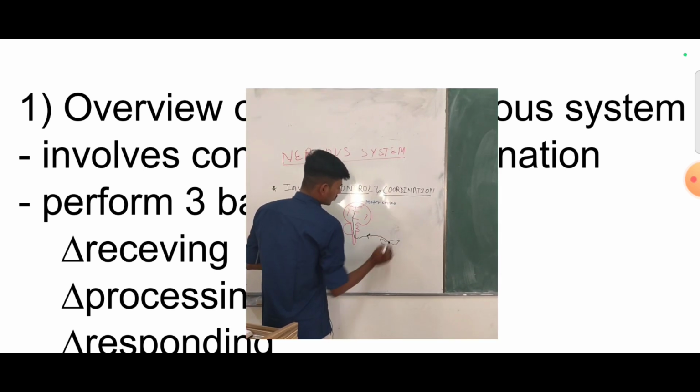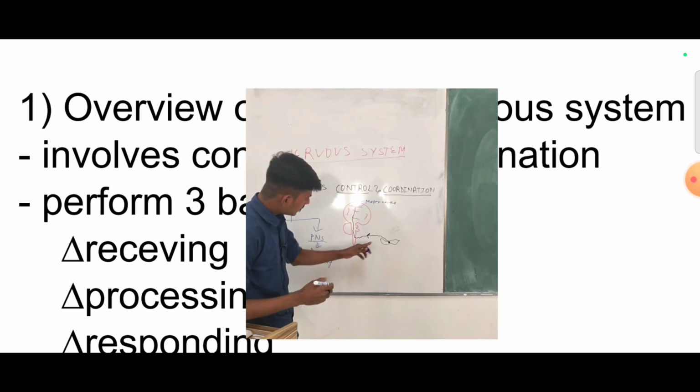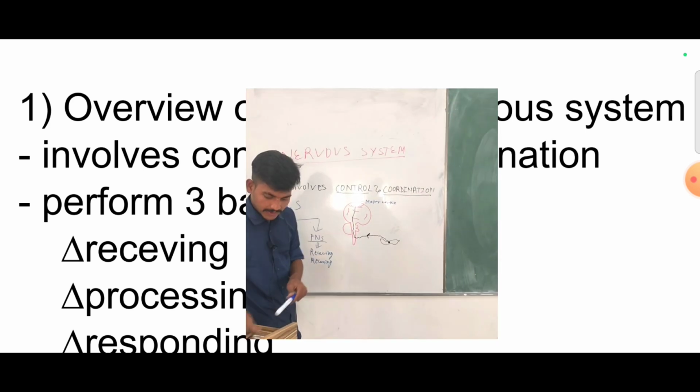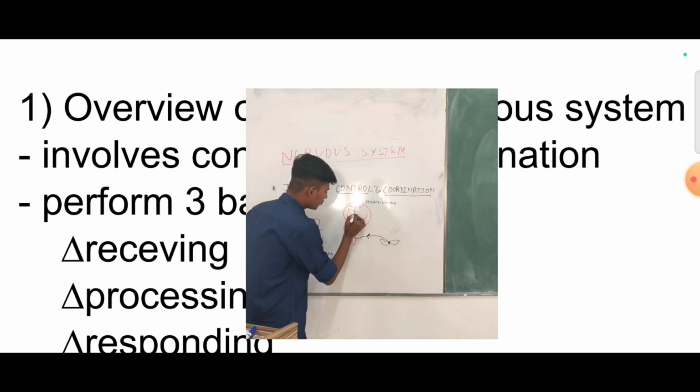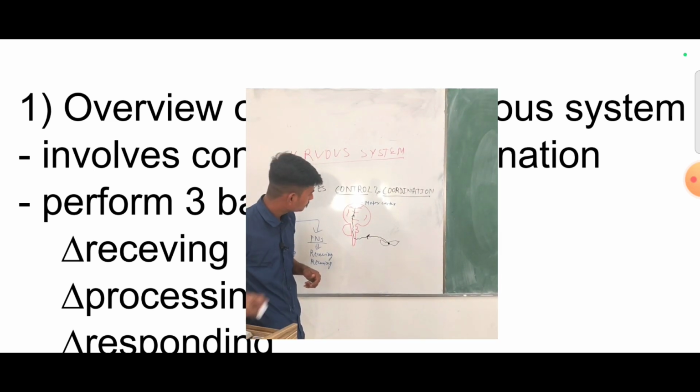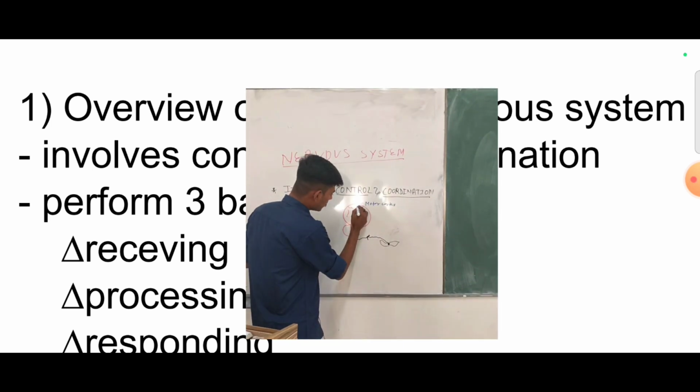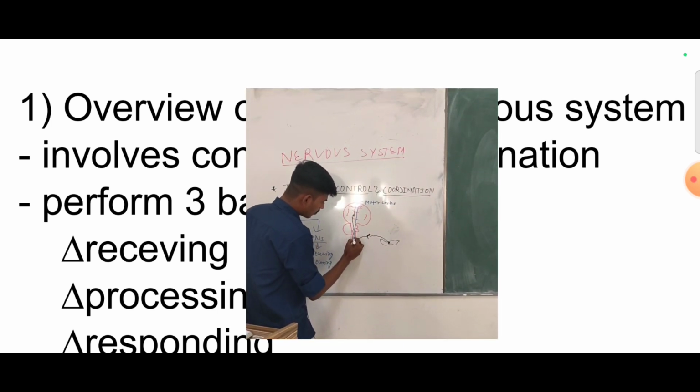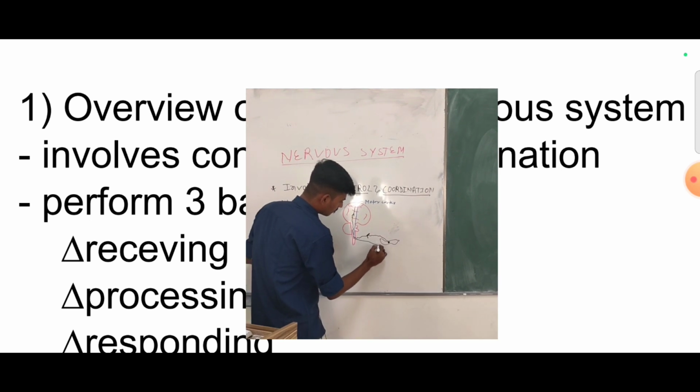Now what happens after receiving the information? The central nervous system processes that information, makes a judgment, and sends feedback, which again goes via the spinal cord to the muscle cell.